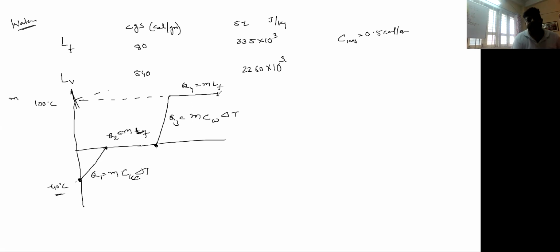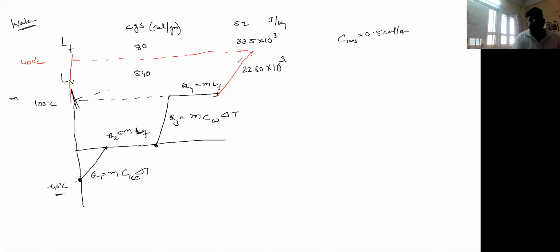Now it is in 100 degrees centigrade of vapor. From here, 100 degrees centigrade of vapor, the amount you want to take, suppose I want to take 400 degrees centigrade of steam. These are the super steam.